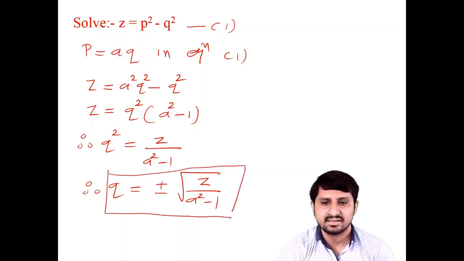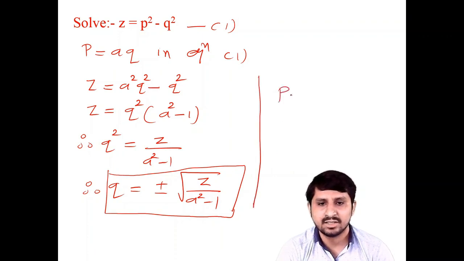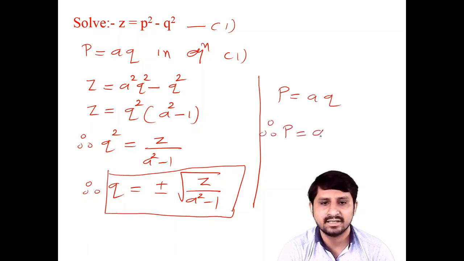Now we know what our p is: p is equal to a into q. So we can write p is equal to plus or minus a square root of z upon a square minus 1. So this is the value of p.